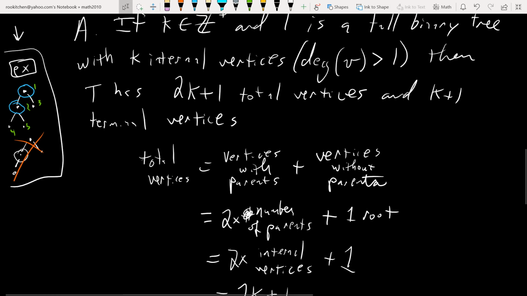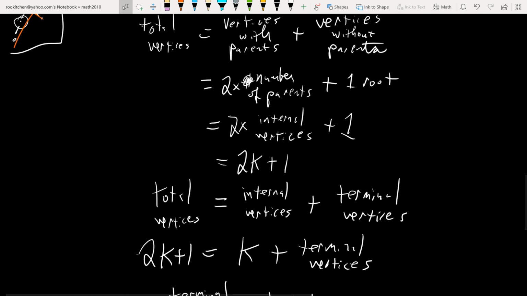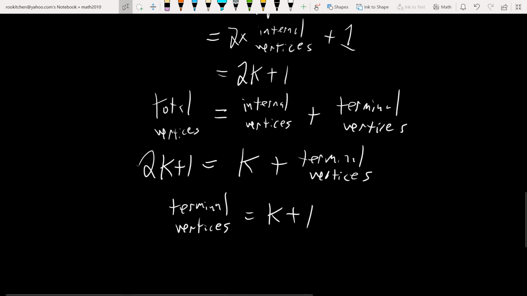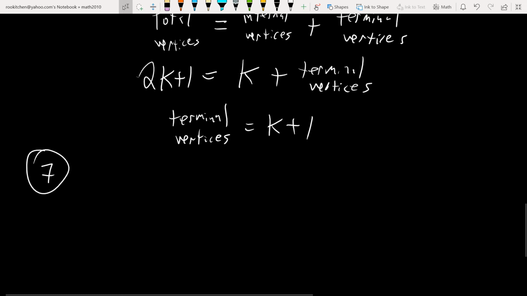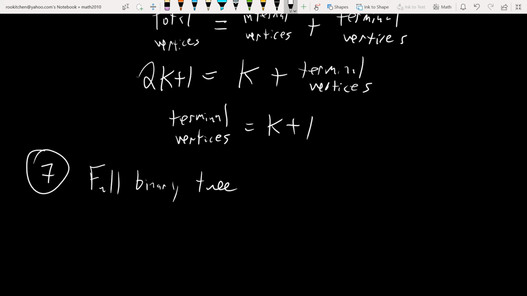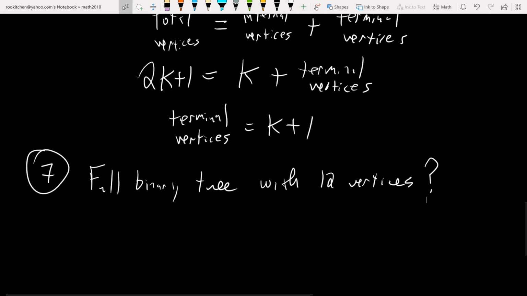In the book, they'll use it in various exercises. For example, number 7, they'll give you characteristics of a hypothetical tree, and you have to determine whether it exists. And if it does exist, then draw an example. So number 7, you have a full binary tree with 12 vertices. So does this thing exist or what?